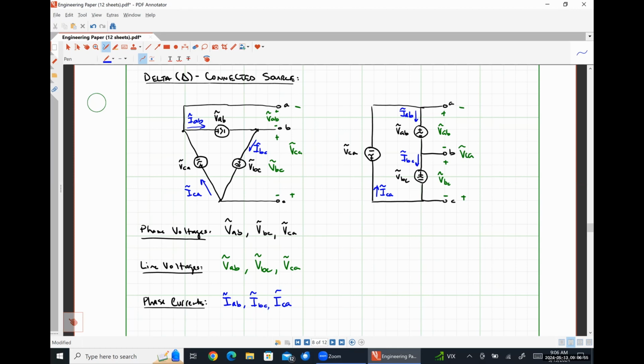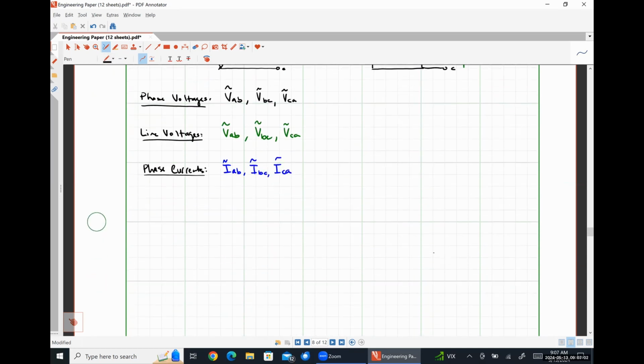So that's our delta connected source. All right. Y connected loads.